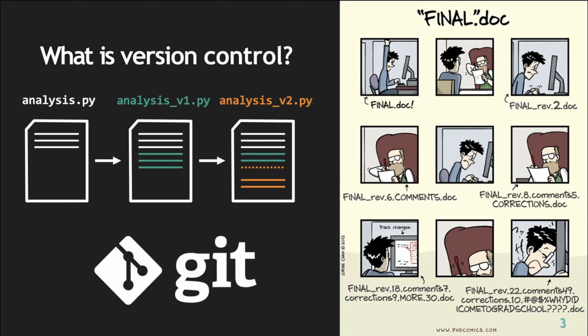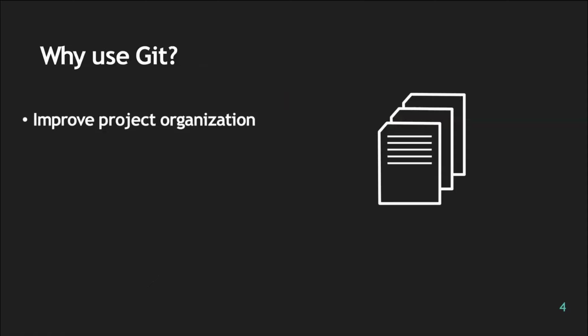And Git in particular is one very popular system that people use to version control their stuff, be it software or documents or maybe even data. So why should you use Git? Continuing with this example from before, it helps you to improve the project organization. What I showed just a slide ago is that you can really clutter up your project directory with many files.